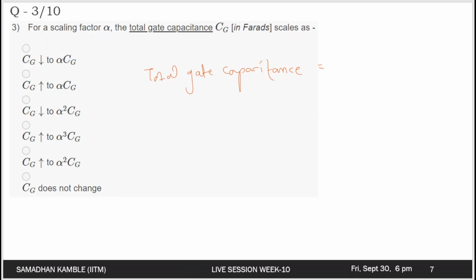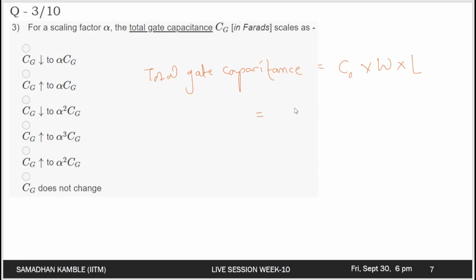The total gate capacitance can be written as the gate capacitance per unit area, that is C naught, times the total area, that is W times L, that is our cross sectional area.